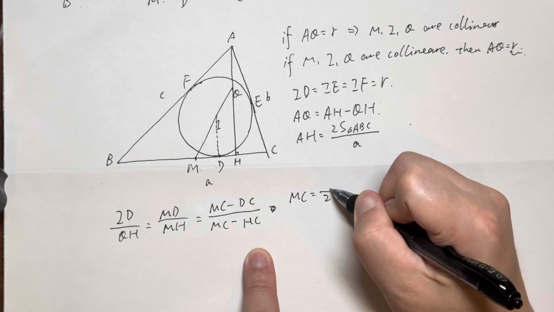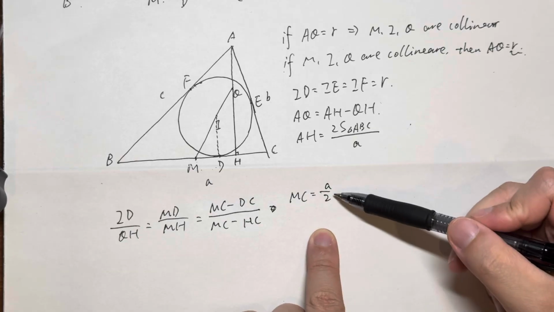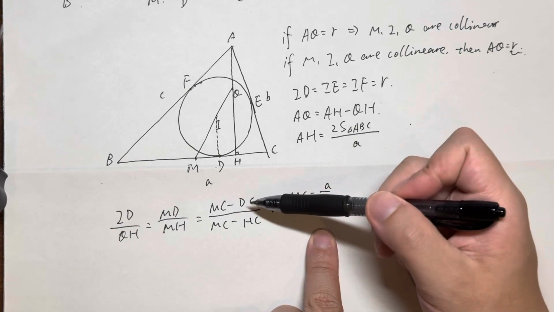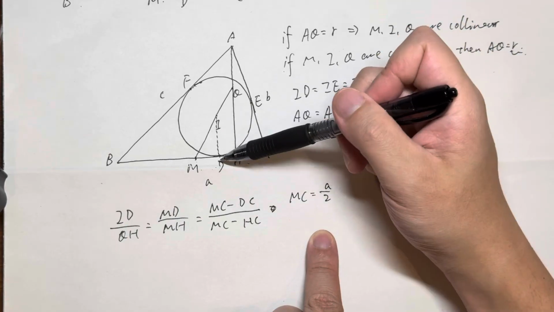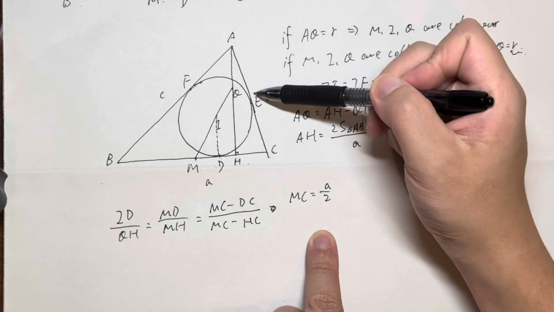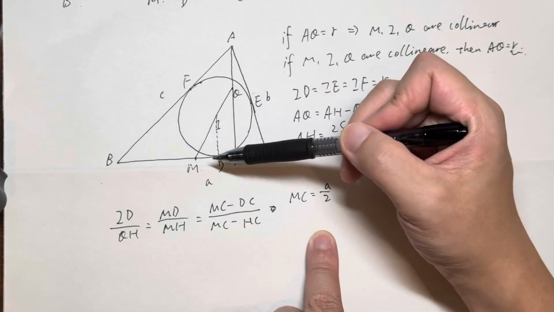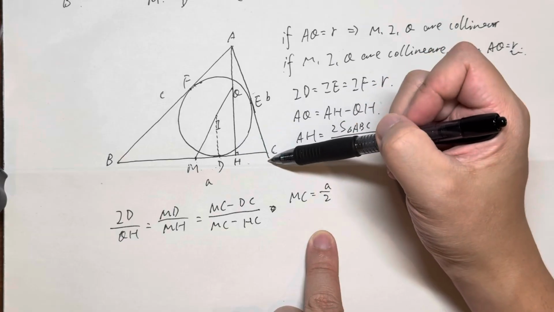So MC equals half of the length of BC, so it's A divided by 2. And for DC, we know that DC equals CE, and AE equals AF, BF equals BD, which means we can calculate CD very quickly.